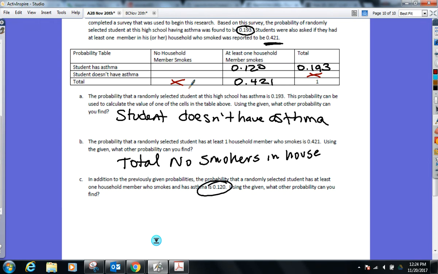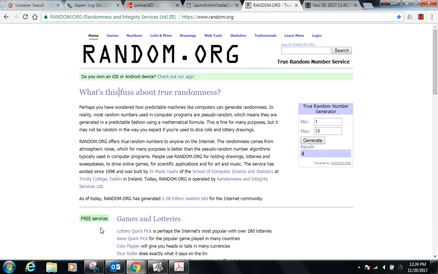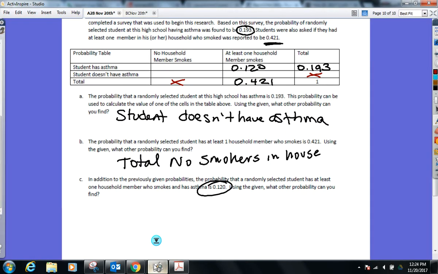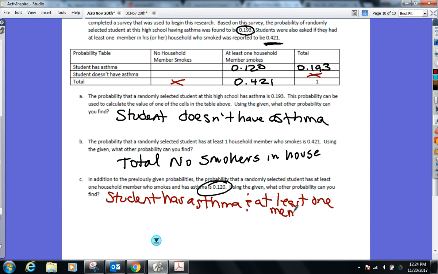And there's two answers I want from two people. What's one probability I can find now? Okay, student does not have asthma, at least one member smokes. Okay, so student has asthma, and at least one member smokes. And the final probability we can have, which is, let's see, what did we just find?